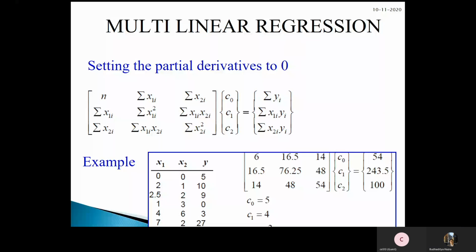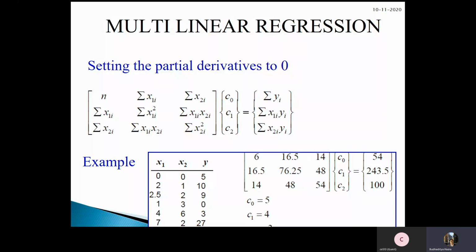So here is an example where, as you can see, the data sets for x1, x2 and y are provided. And how many data points do we have? We have 1, 2, 3, 4, 5, 6 data points, from which you have to estimate 3 unknowns, right?